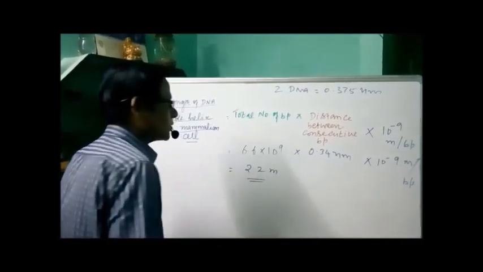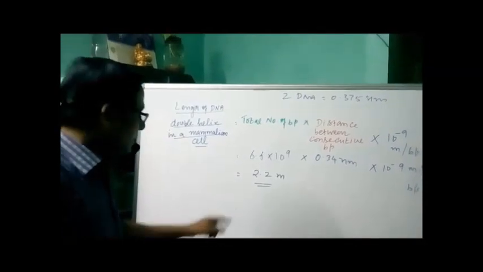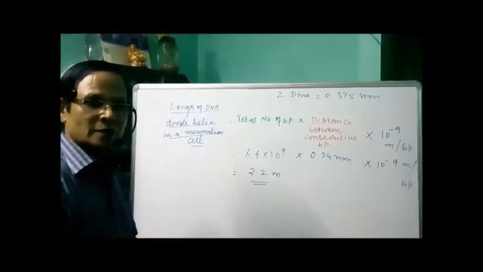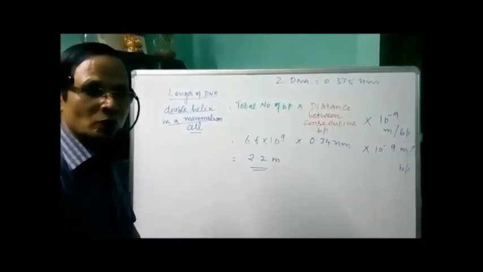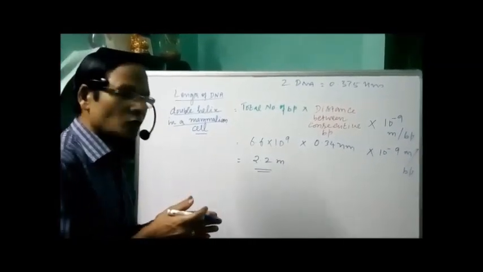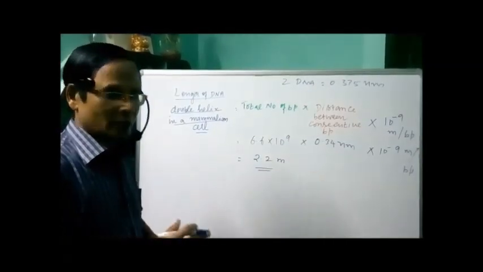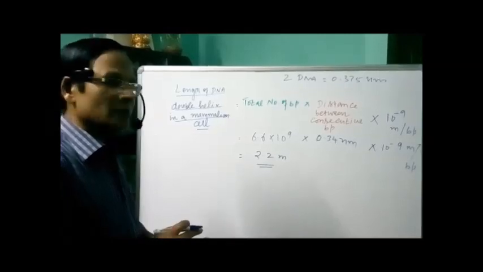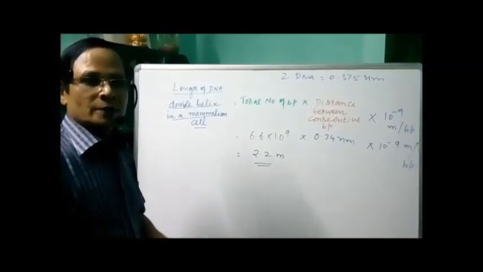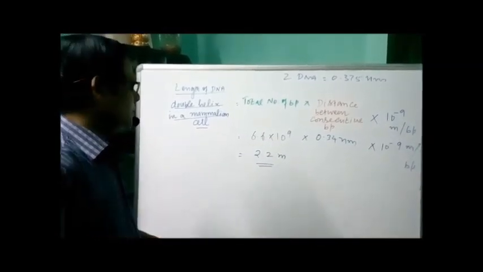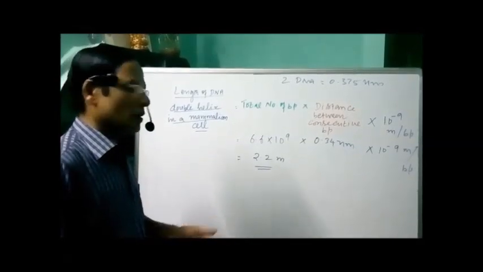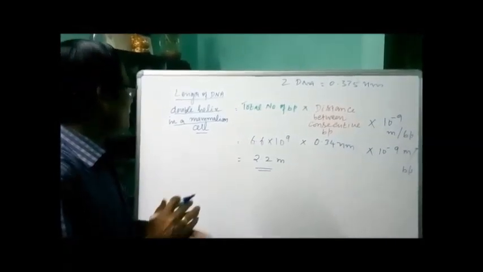This is the value we are getting. So the length of the DNA in a mammalian cell is far greater than the dimension of the nucleus, so the DNA must be folded to fit into the nucleus.